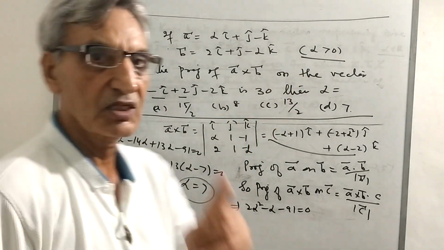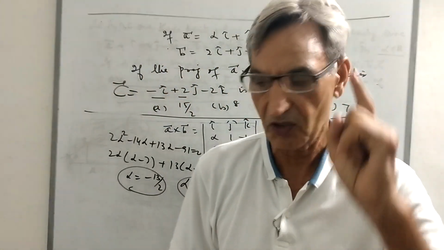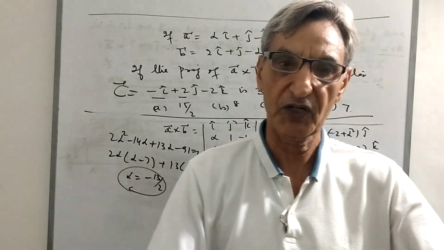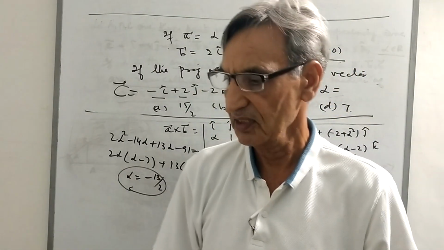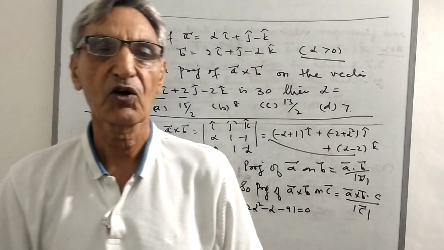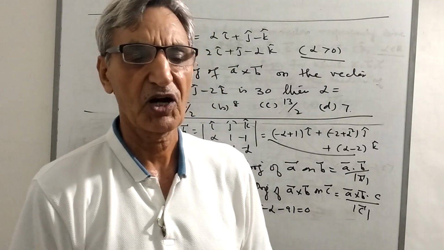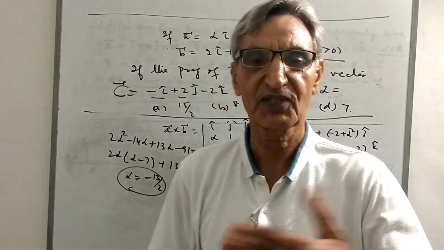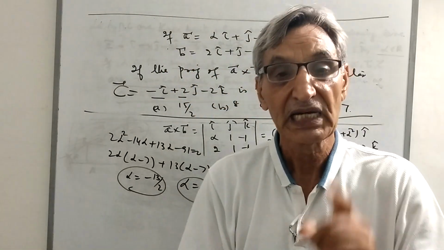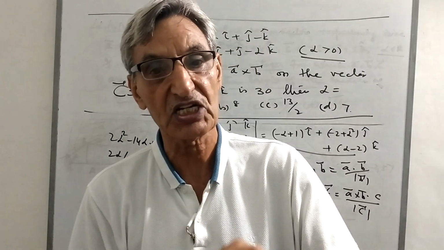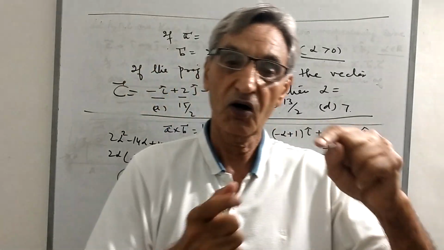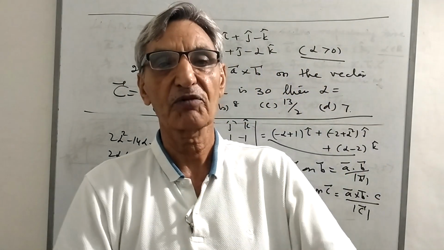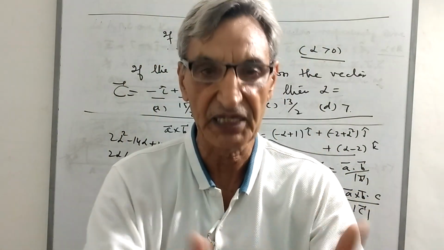Well friend, here is the question that involves the cross product: how to find the cross product of two vectors and the concept of projection. I already discussed the simple concept of how to find A cross B and A dot B. This is nothing to tell; this is not the IIT thing to tell you, but this is how A cross B is found.